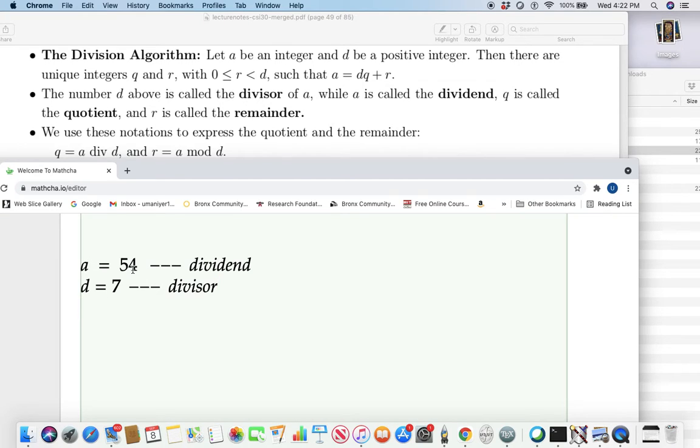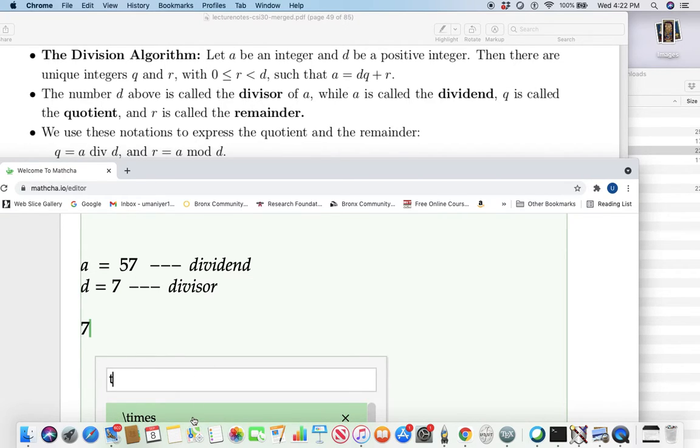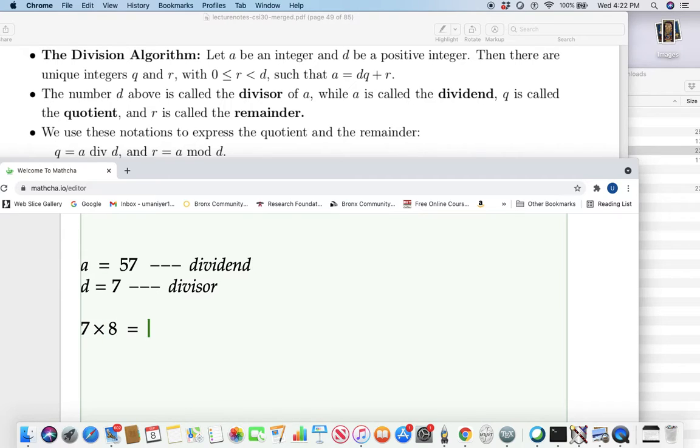If I divide 54 by 7, what happens? 7 times 7 is 49, so I better take something else. Say suppose I'm dividing 57 by 7. Then 7 times 8 is 56 and 1 is left over.